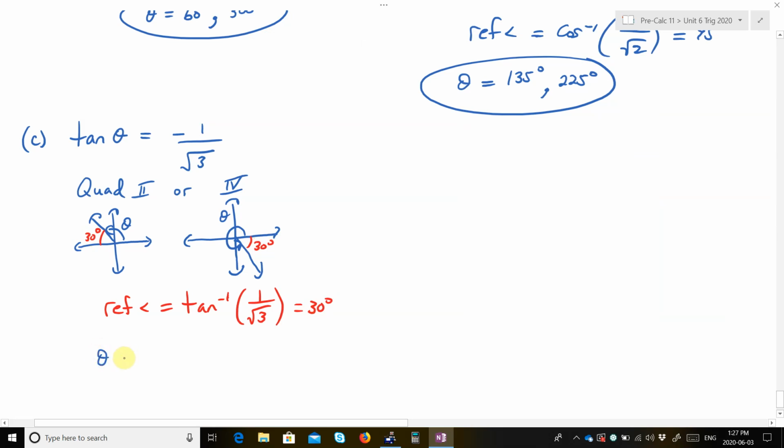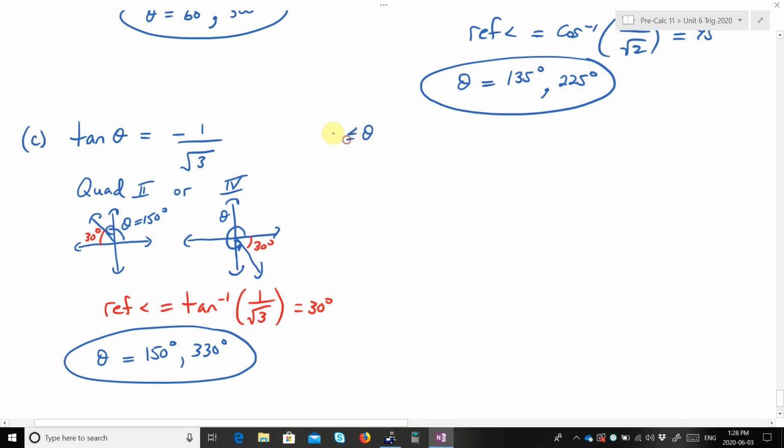So our rotation angles theta that work are, this whole angle right here is 180 minus 30, so 150 degrees. And in here, all the way around the circle is 360. 360 minus 30 is 330 degrees. And remember, we wanted to solve this for theta greater than or equal to 0 degrees but less than 360. In that range, those are the two angles that work.